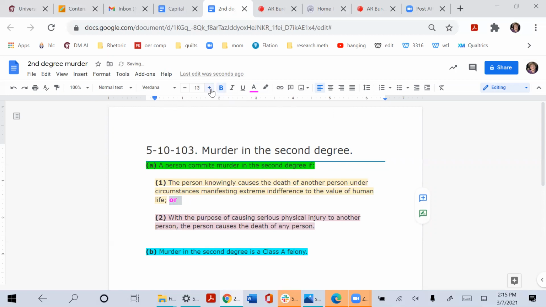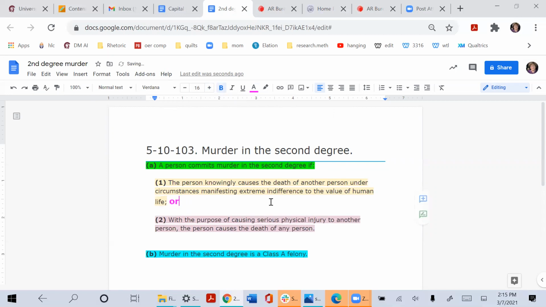And we'll highlight them there. And so we know that these are alternatives to murder in the second degree.